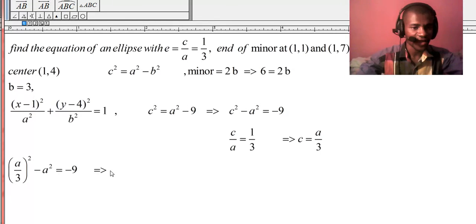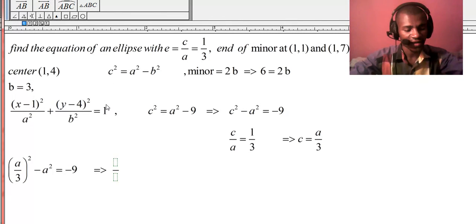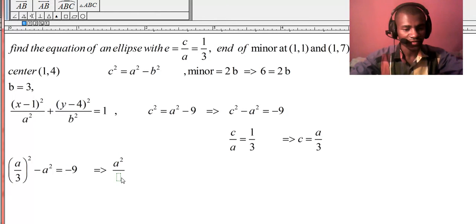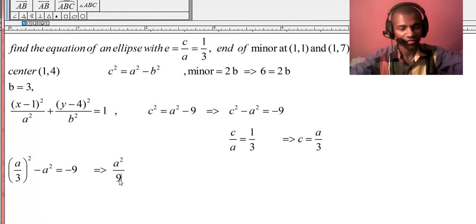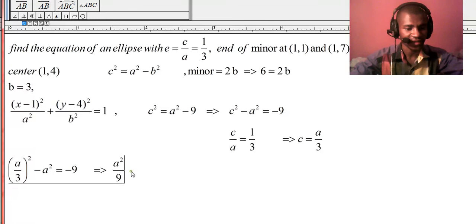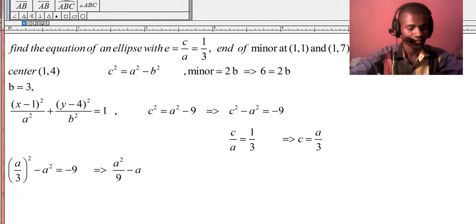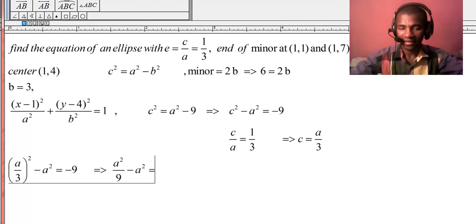So it will be A over 3 all squared, so that will be A squared over 9, because don't forget we've got a square outside the bracket, and 3 squared is 9, then minus A squared is equals to minus 9.